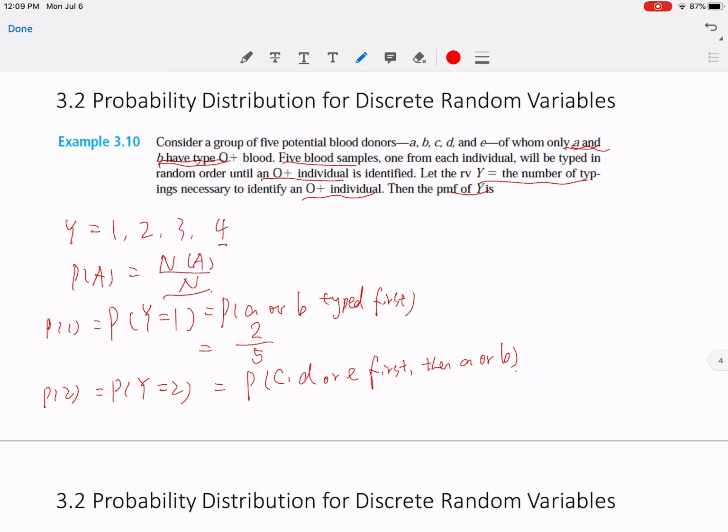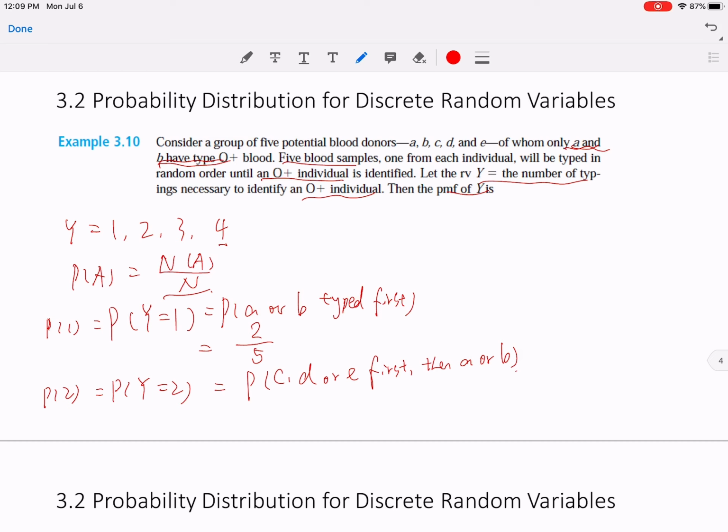And we know that they are independent of each other, because the blood types of each of them is independent of the blood types of all other people.